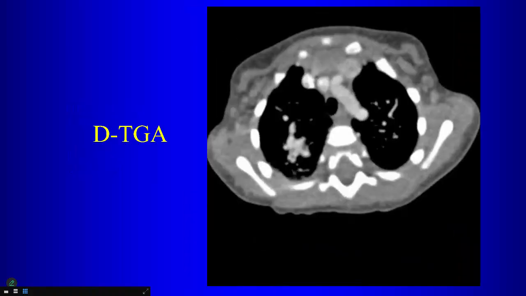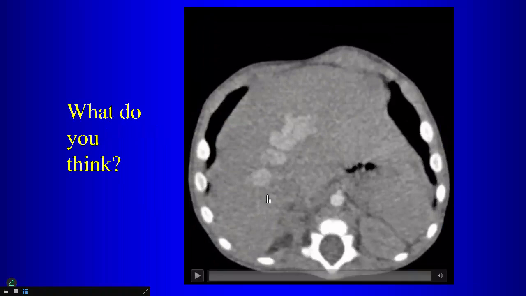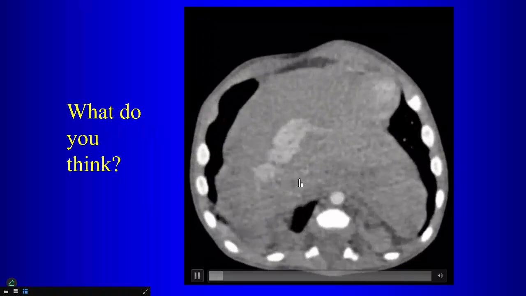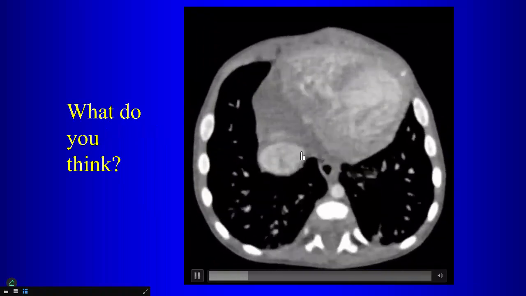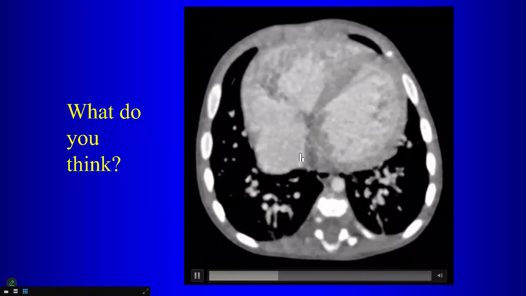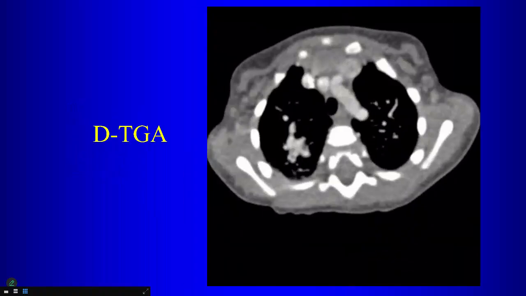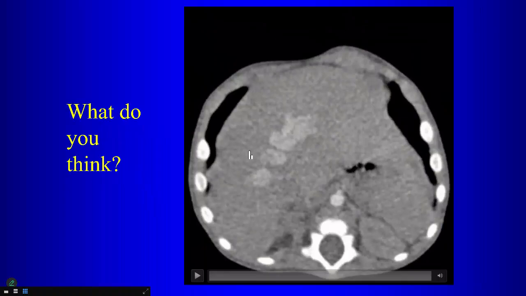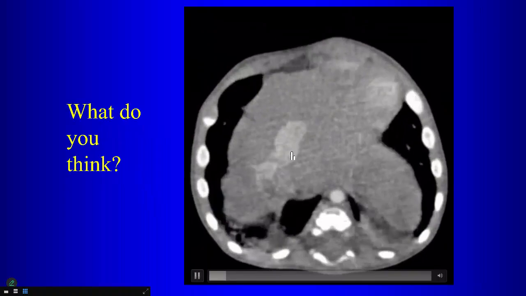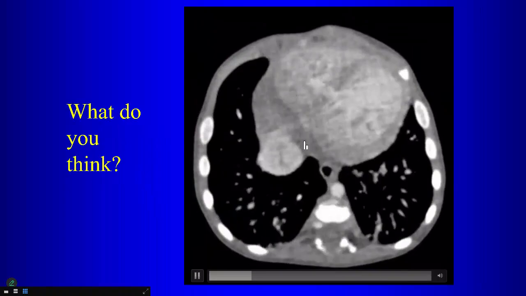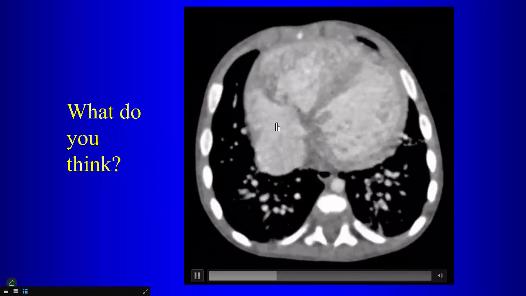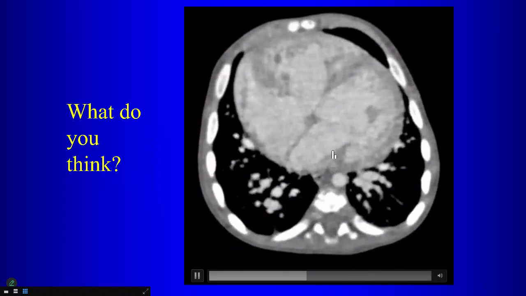Okay, so let's go back here. The IVC here is going to take you to the right atrium, right? So this chamber over here is going to be the right atrium, correct? What will this be?